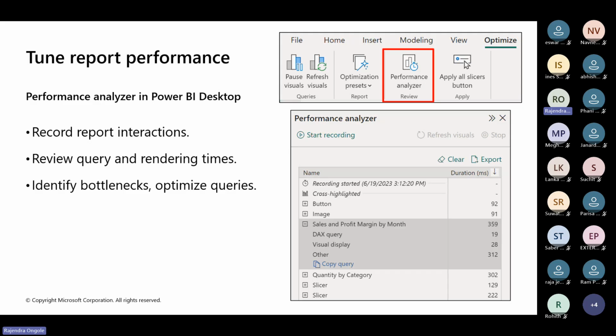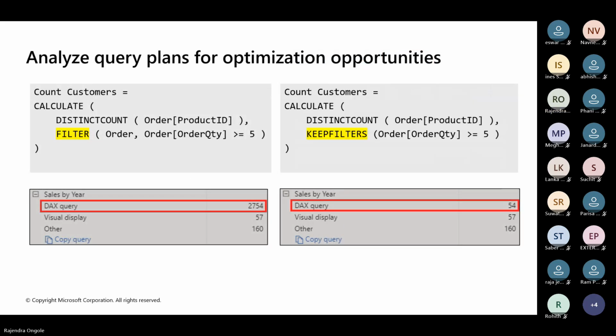If it is really impacting and is a bottleneck for your refresh runtimes, check the logic, how it has been implemented. You can even make use of external tools for this as well, Tabular Editor, DAX Studio, so that you can optimize there and change the logic as per the requirement. This is how a DAX query shows how much time it takes with a direct filter function versus a KEEPFILTERS function.